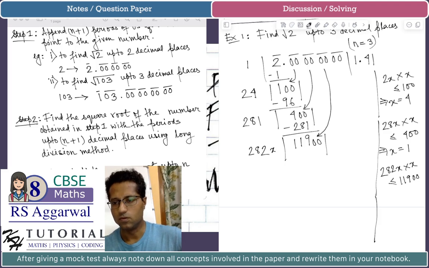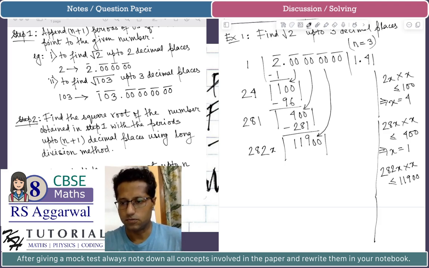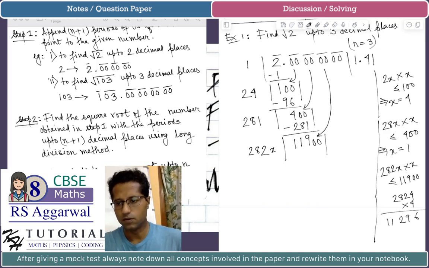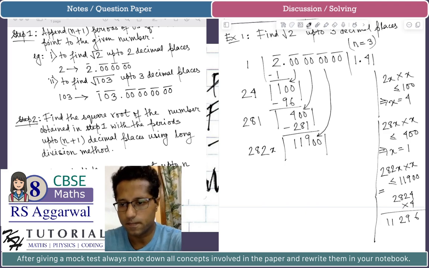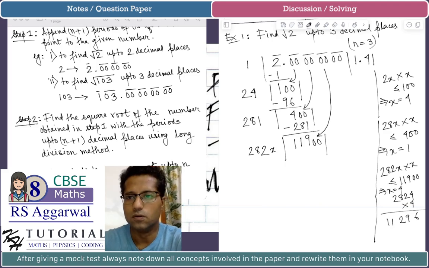No, it cannot be 5. So let's see if x can be 4. 2824 multiplied by 4, let's see what it is. 11296. Yes. So x is 4.